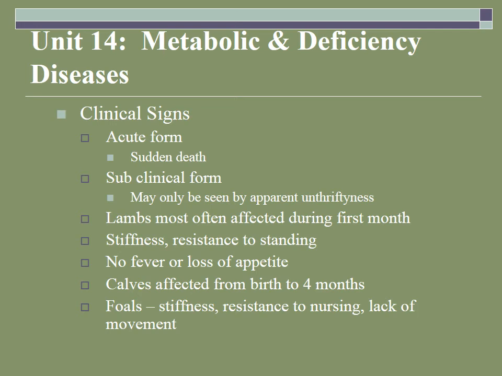Clinical signs, you can see actually the acute form causes basically sudden death, which is fairly uncommon. But the subclinical form is much more common when you talk about places that do have this, and they'll look and act kind of unthrifty, which means rough hair coated, kind of don't get along very good, kind of stand back and away from the pack, kind of look skinny in certain spots, be a little bit stiff, or even if they're down, they really won't want to stand that much.